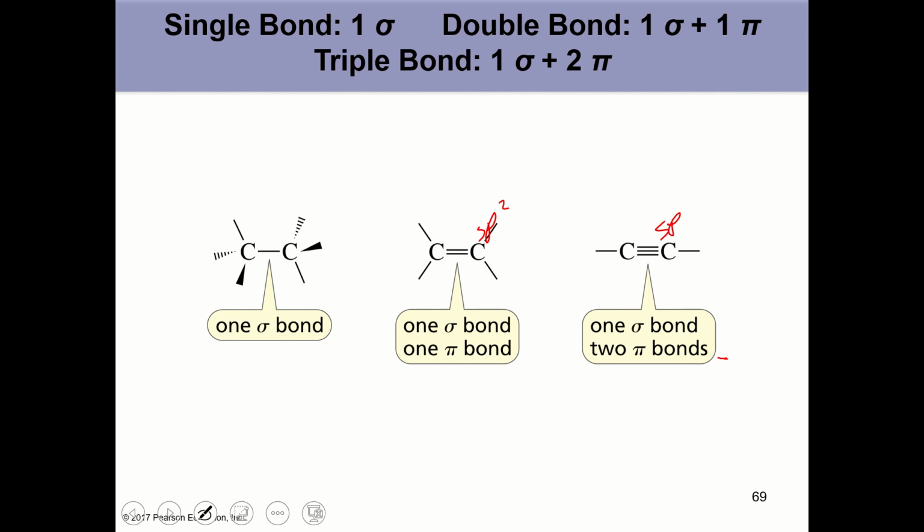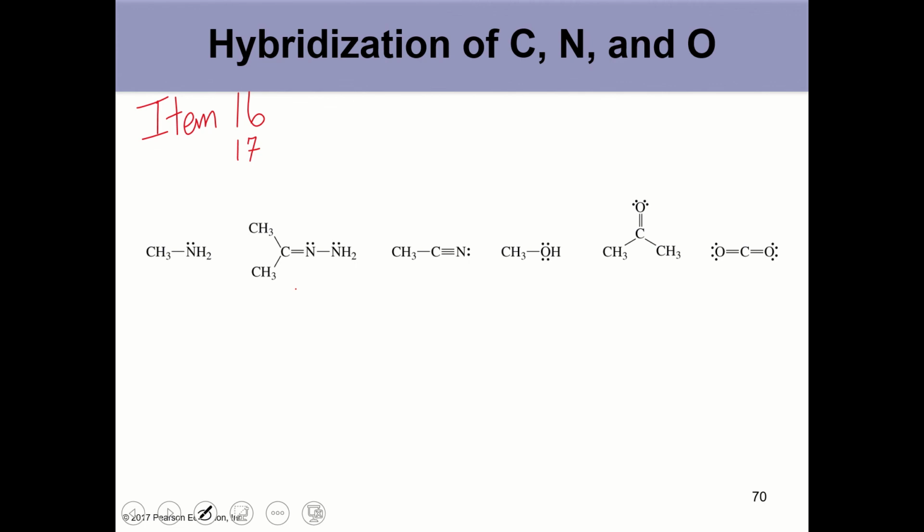If you need to do the work, then you can simply count the electron domains, which in this case would be the bond sites, to determine the hybridization of each atom. Here's an exercise in practice. I will show you what we're going to do.